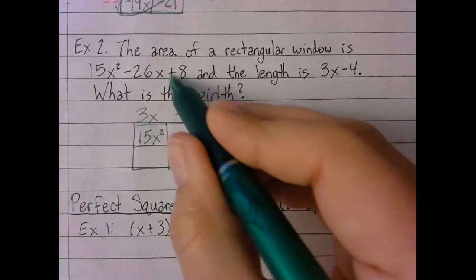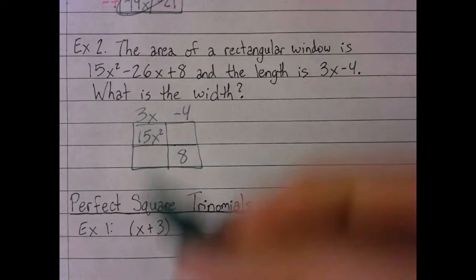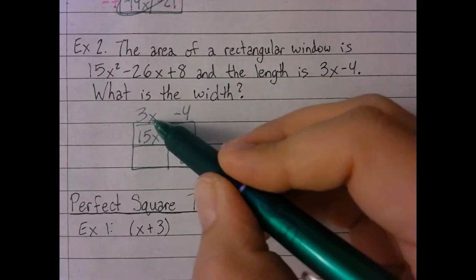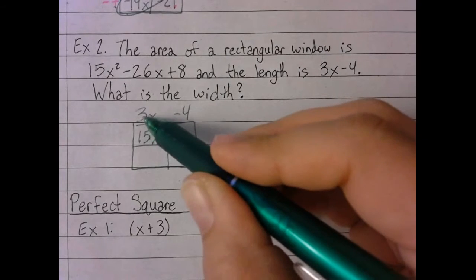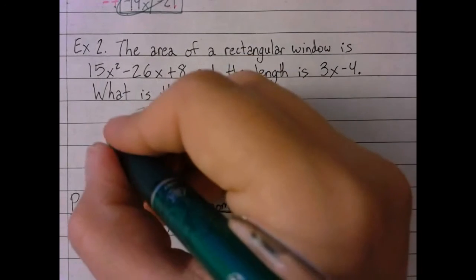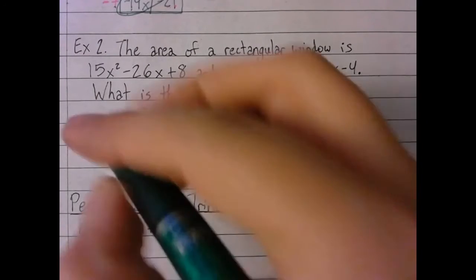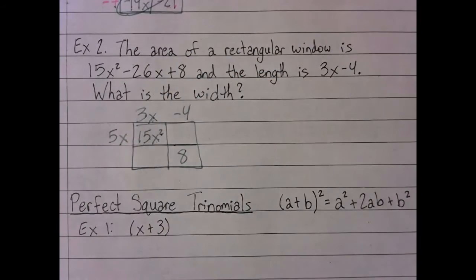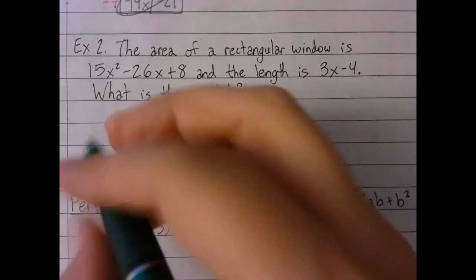In the bottom right box, we put the term with the lowest degree, which is just 8. So what times 3x gives me 15x squared? Well, 3 times 5 gives me 15, and x times x gives me x squared, so we need 5x there. And then 8 divided by negative 4 is negative 2.